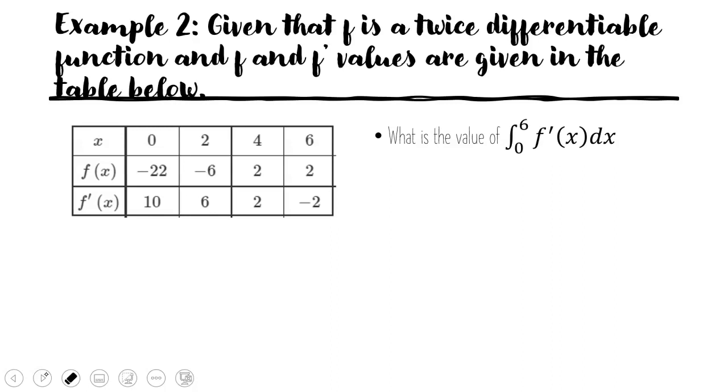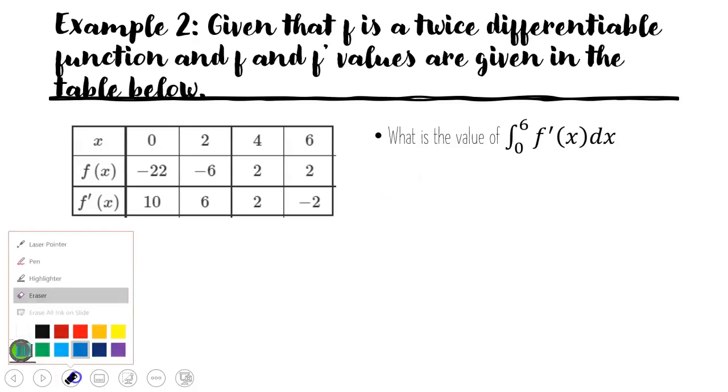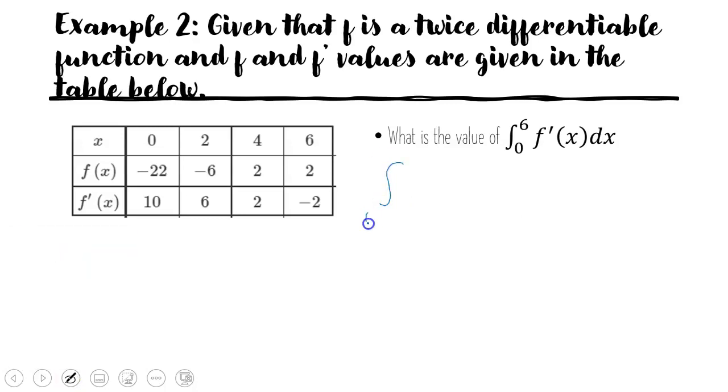So you are integrating, therefore this is equal to the original at 6 and 0. So if you integrate the derivative, it's equal to the original at those bounds.